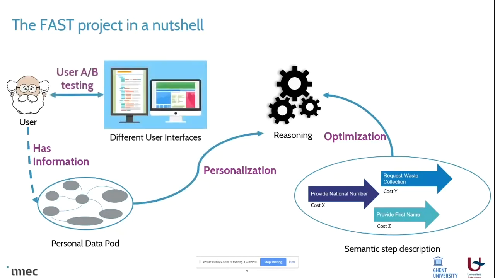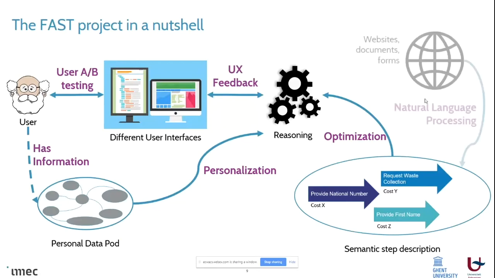And because we want to improve the customer journey, we first have to measure everything. So we do some user A/B testing with John in this example and other citizens, where we provide different user interfaces. And in the end, we also get some user experience feedback in terms of costs the user had, which is also fed back to our system to, for example, adjust the costs for each step to, for the next iteration, have maybe a different workflow, different steps in our journey.